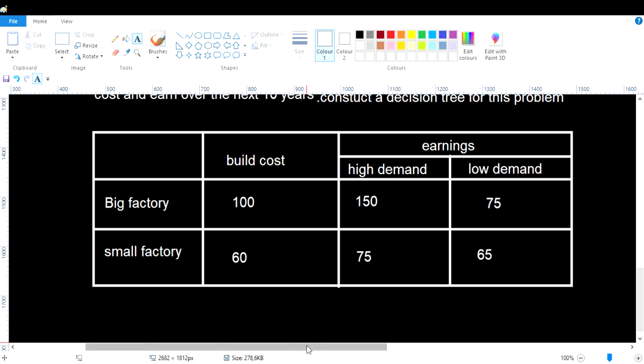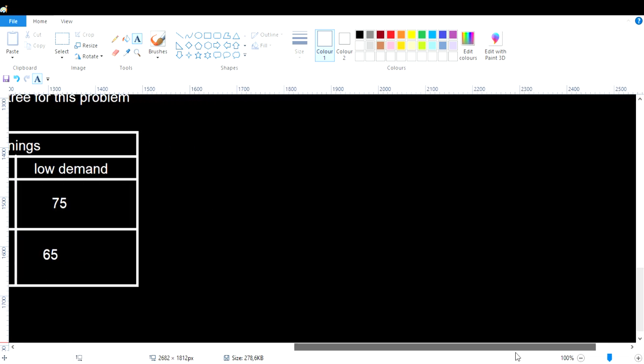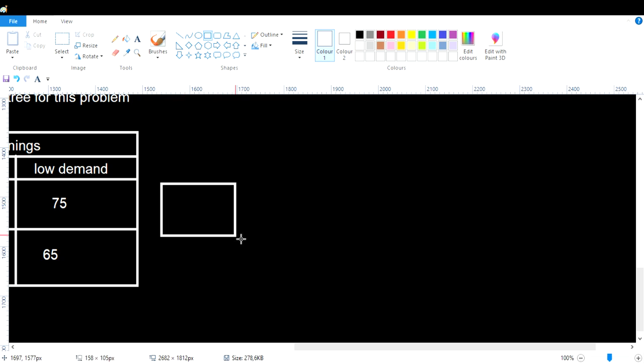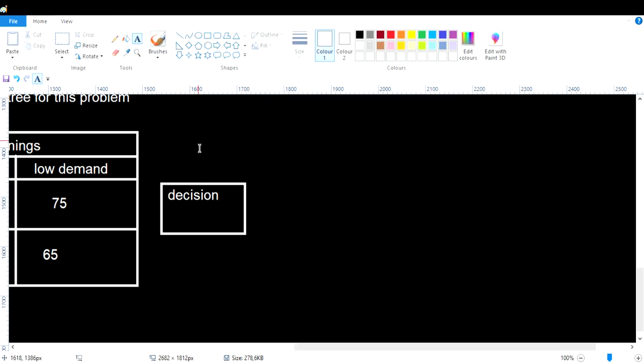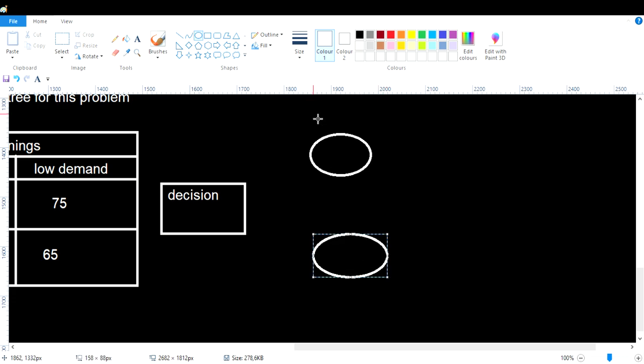So let's draw a decision tree here. Here I'm going to write decision. Here we have two options: to build a small factory or a big factory.